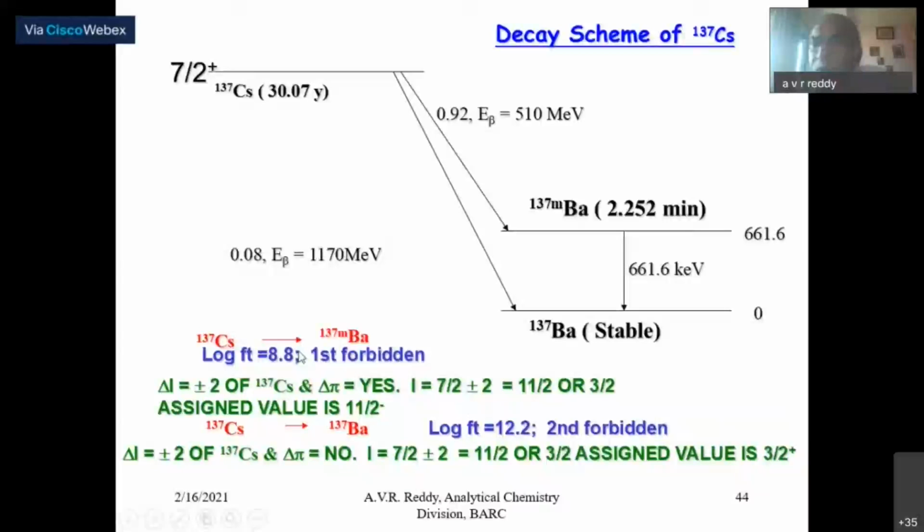Now, you have to remember again, here also, if the beta decay has many beta energy groups, they will populate the excited states in the daughter product.